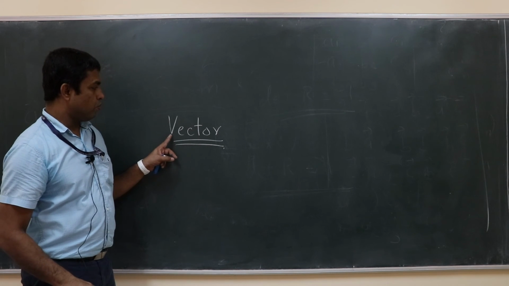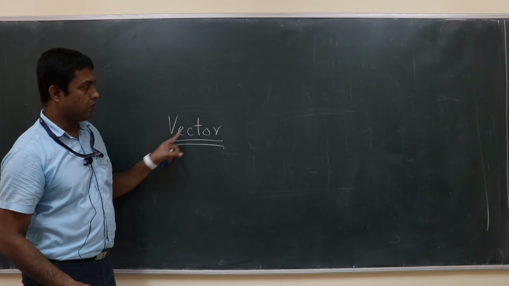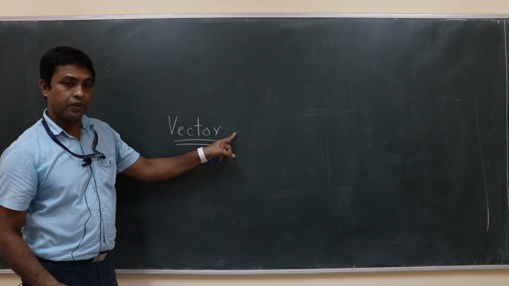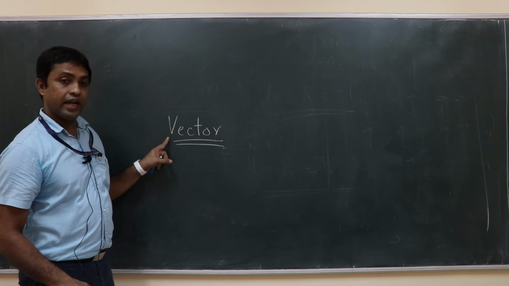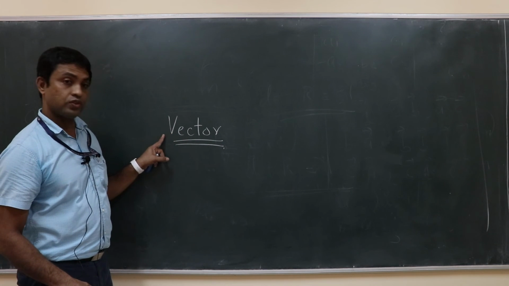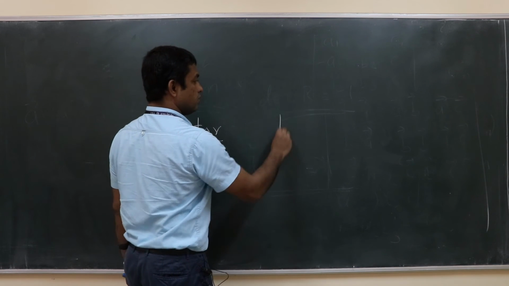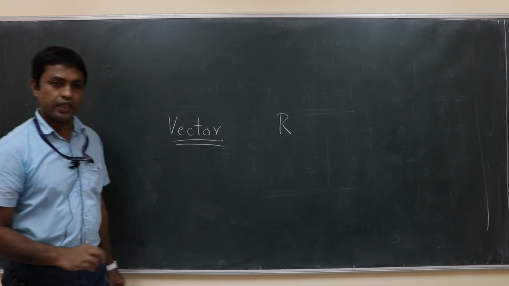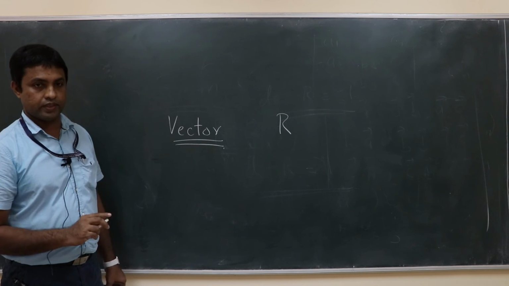So what is a vector? A vector, under both proper rotation and improper rotation, transforms the way the coordinates transform. That is the vector, or polar vector.